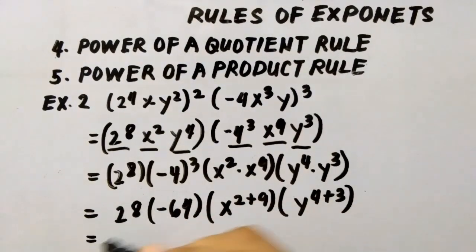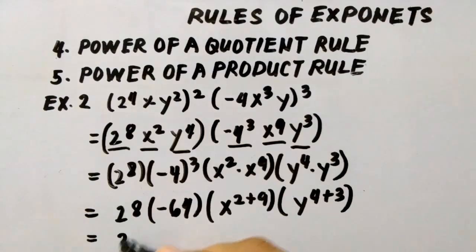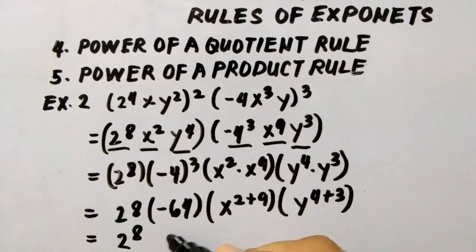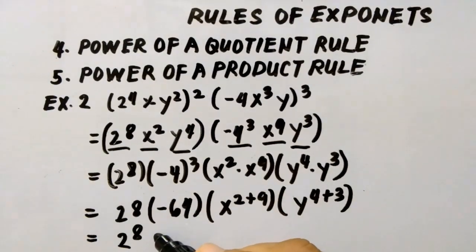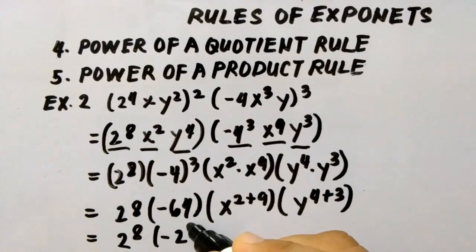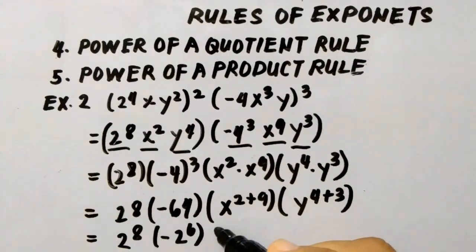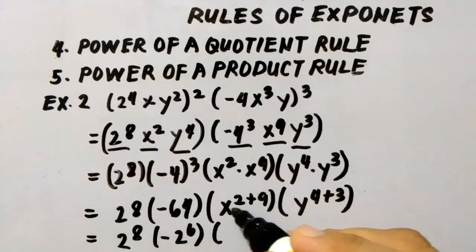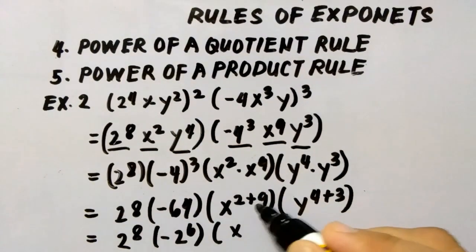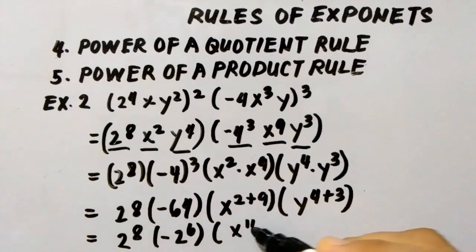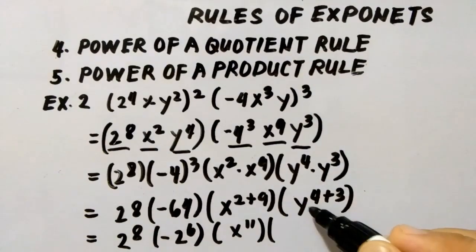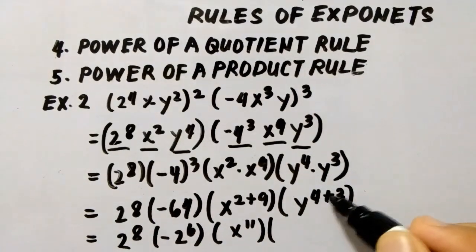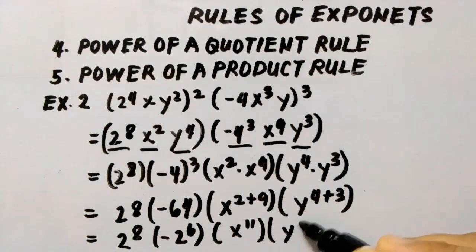Equals 2 to the 8 times negative 2 to the 6. Then, times the quantity x, 2 plus 9 is 11. Times the quantity y, to the 4th plus 3 is y to the 7.